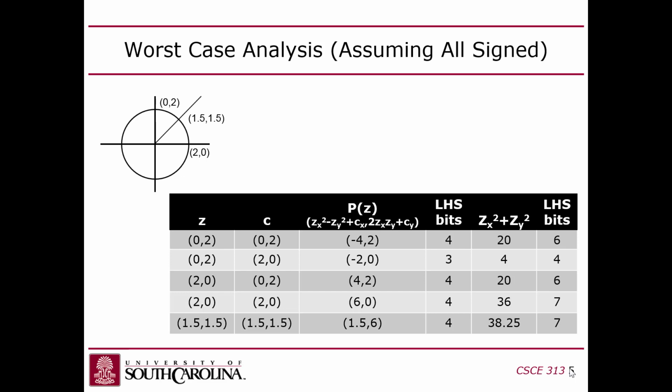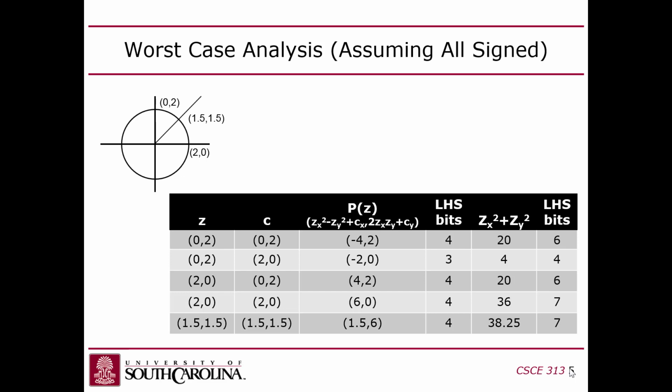Because 38 is going to be 32 plus 6, so 110, like that. So this is going to be 38, right? That's 1, 2, 3, 4, 5, 6, 7 bits with the sign bit.